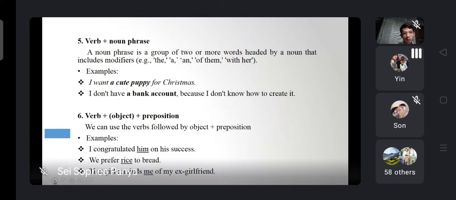Rice is the object, to we call a preposition. To in this case is not an infinitive, it is a preposition. This girl reminds me of my ex-girlfriend. Me is the object and of is a preposition. Thank you. Move to another slide.